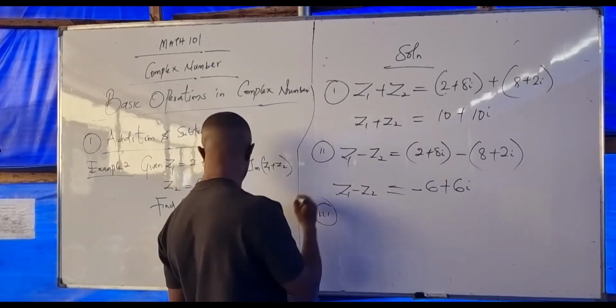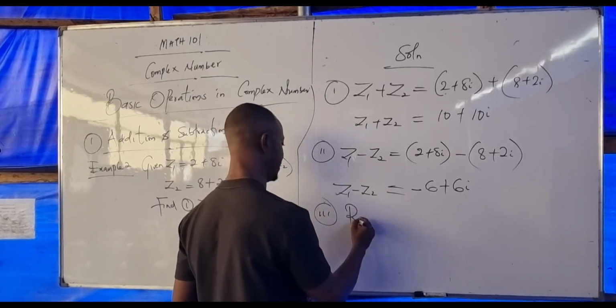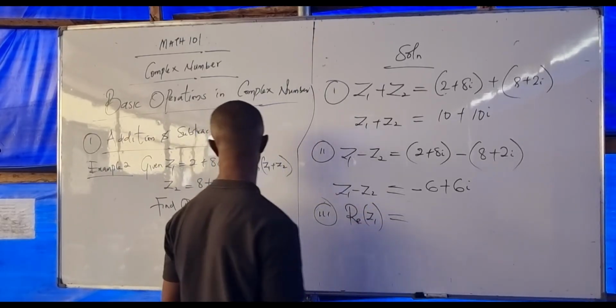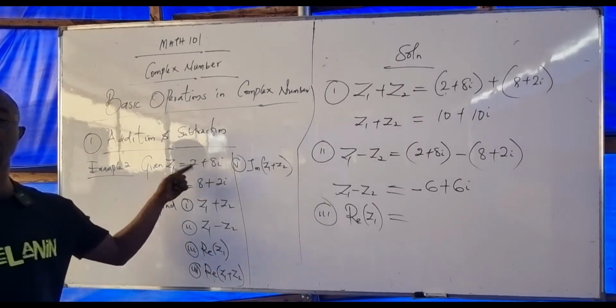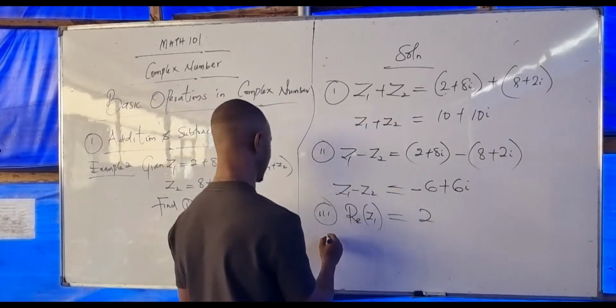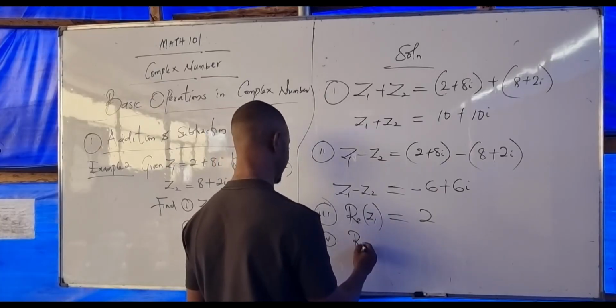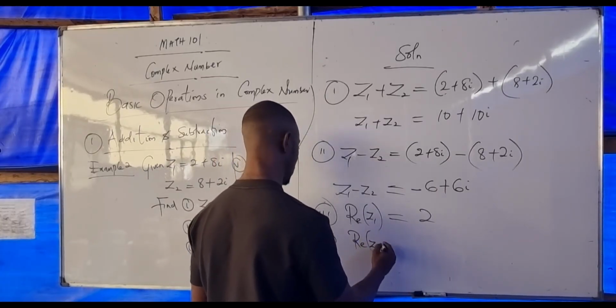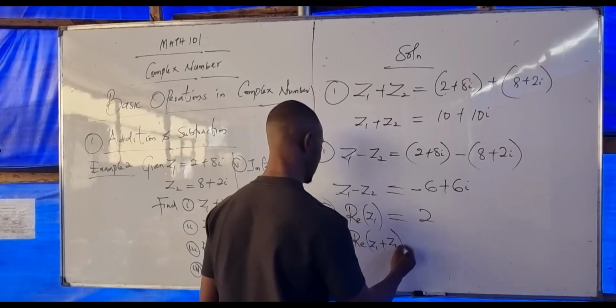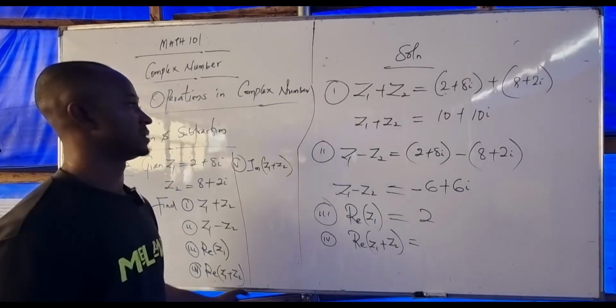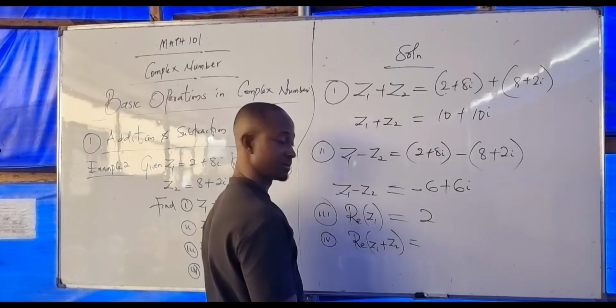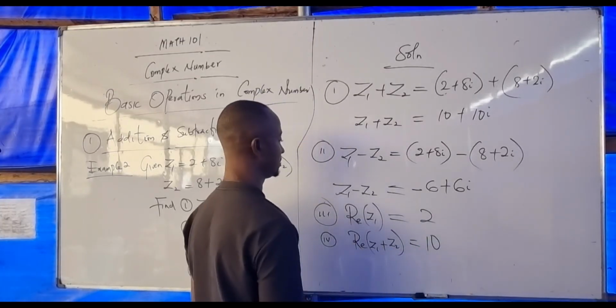Number 3 is, they say, the real part of Z1. This is very simple. What is the real part of Z1? So number 3, number 4, the real part of Z1 plus Z2. What's the real part of this? 10, from here, right? 10. What's the next one?